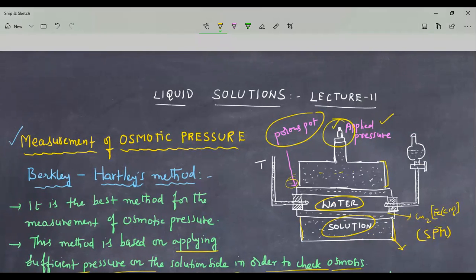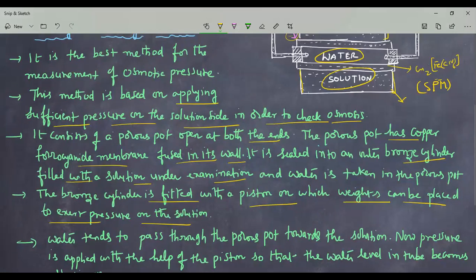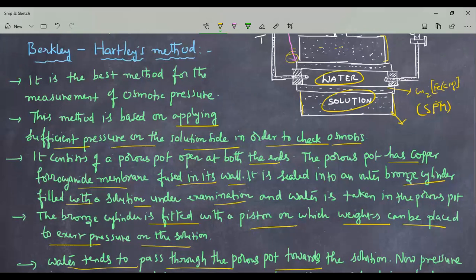This is the picture. And when we apply the piston, what will happen? Definitely some force will be applied on the solution, and water tends to pass through the porous part towards the solution. So what is the function of this? Water is there, the solvent moving into the solution.